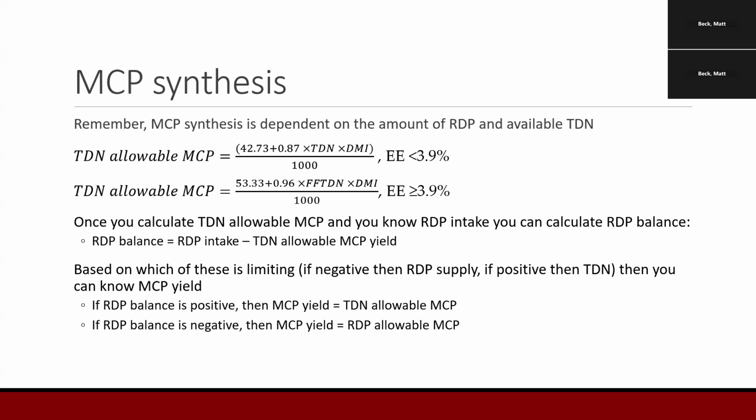If RDP balance is positive, so if there's more RDP intake than there is TDN allowable MCP yield, then MCP yield, how much microbial crude protein will be produced, will be equal to how much MCP is allowed by the TDN content. If it's negative, then the MCP yield is equal to RDP allowable MCP. Okay, questions?